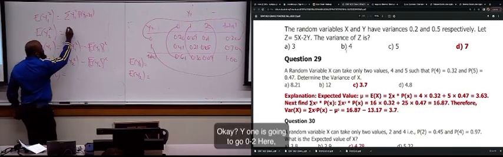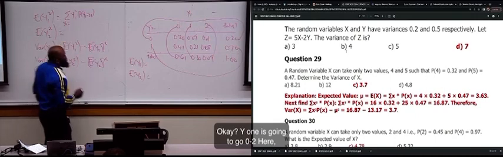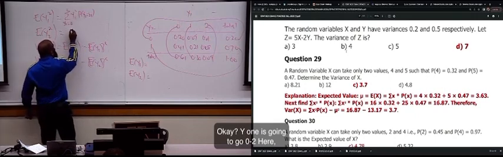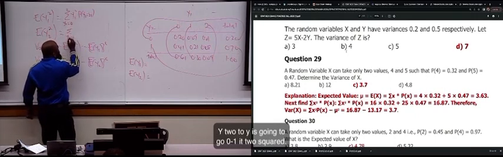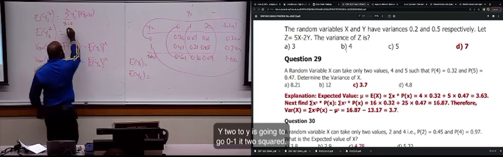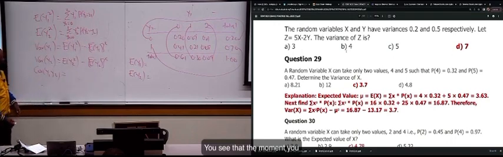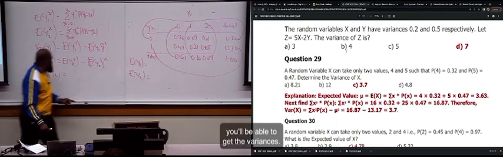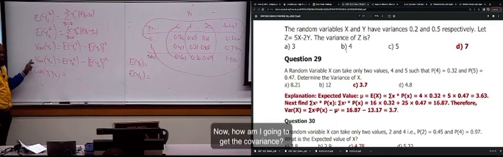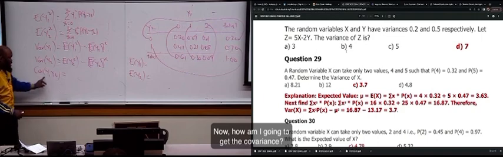Here y1 is going to go from 0 to 2. Here y2 is going to go from 0 to 1, y2 squared. You see that? The moment you get this and this, and this guy and this guy, you'll be able to get the variances.